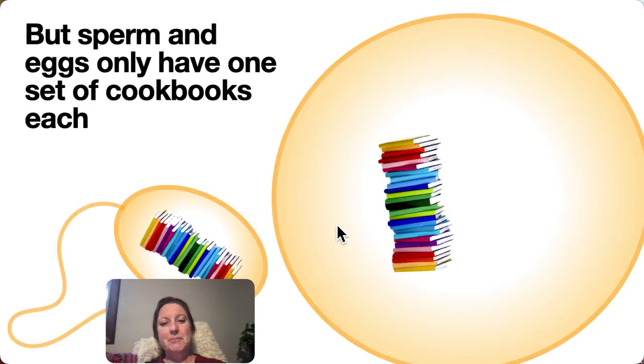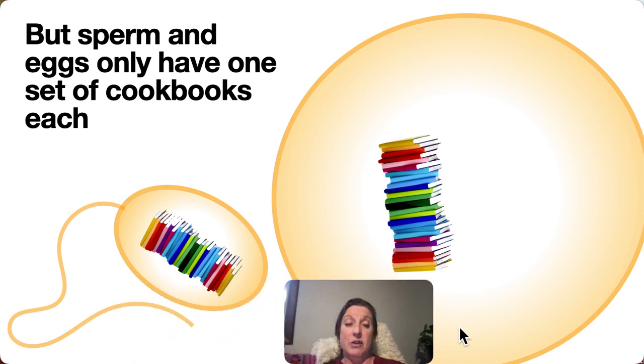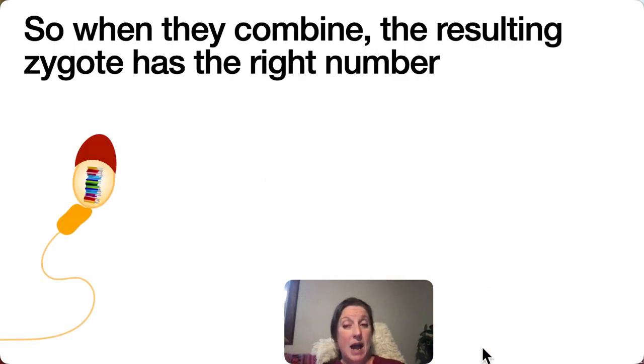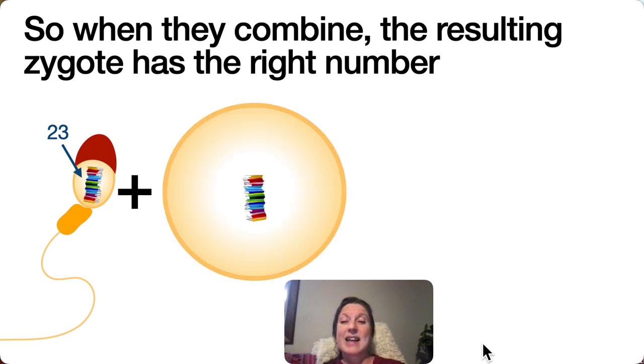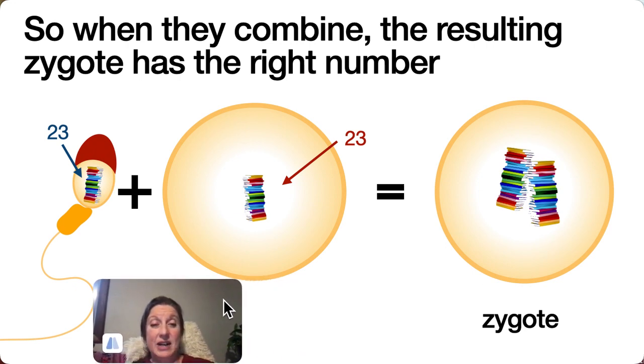All right. Now, sperm and eggs only have one set of cookbooks apiece. And that's so that when they combine, our sperm with 23 chromosomes or cookbooks can combine with the egg that also has 23 cookbooks or chromosomes, and that's going to give us a zygote, which is what we call the cell once the DNA has mixed together again.